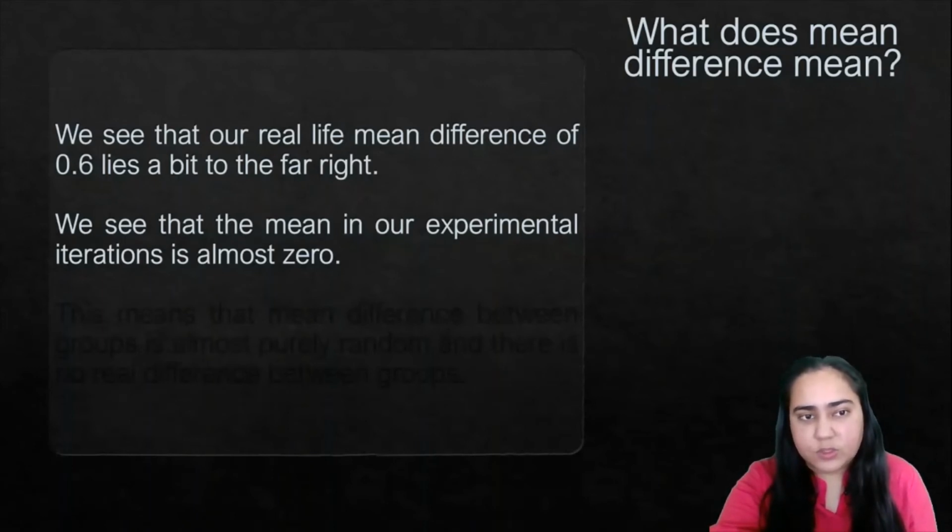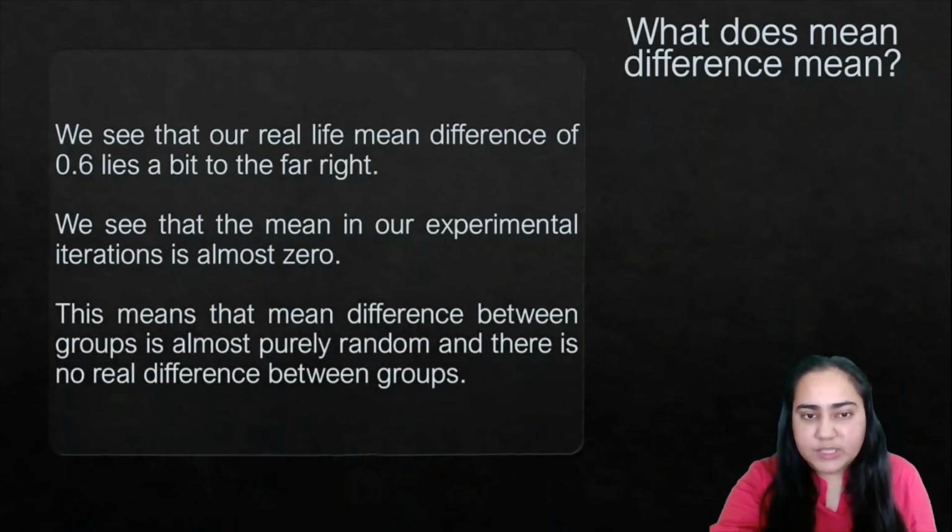This means that the mean difference between groups in the randomized iterations is almost purely random and there is hardly any real difference between those two groups.